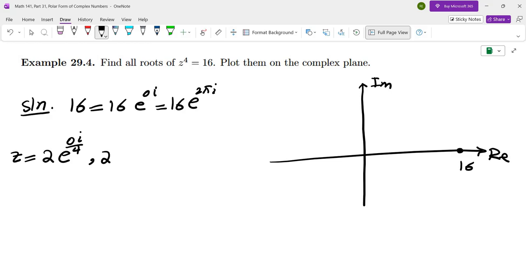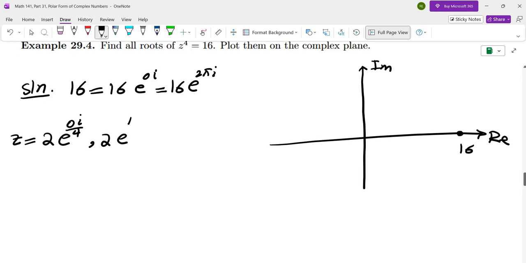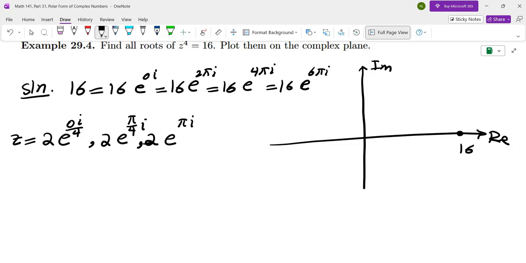Fourth root of 16 is 2, and then e to the power of pi over 4 i. Or we can write this as 16 e to the power of 4 pi i. Or we can write it as 16 e to the power of 6 pi i. Now, raising the exponents to the power of 1/4, we get e to the power of pi i. The next one is 2 e to the power of 3 pi i over 2.